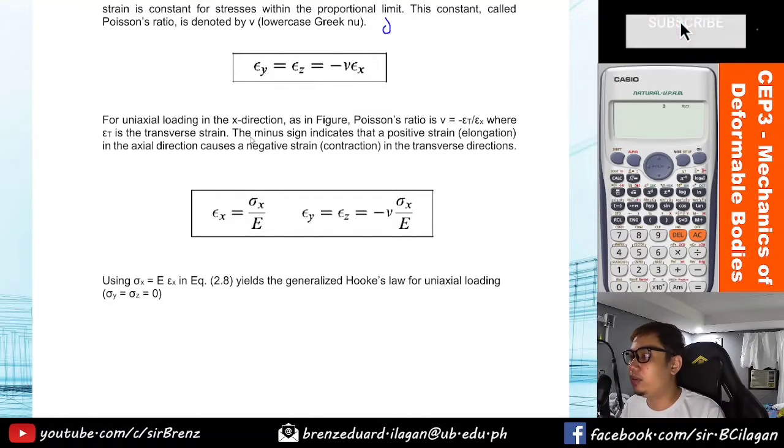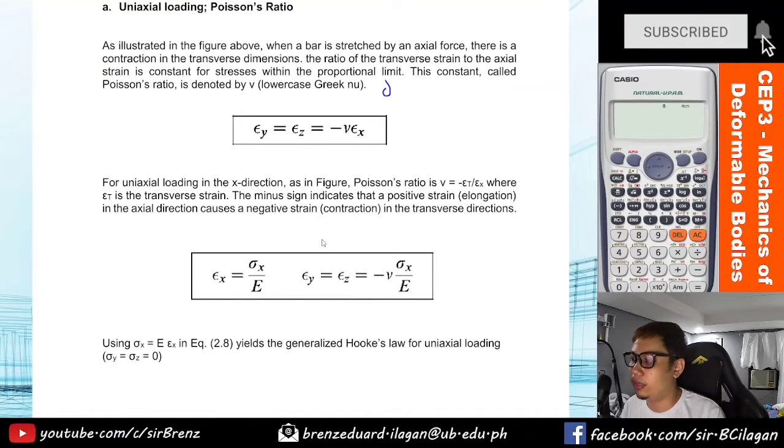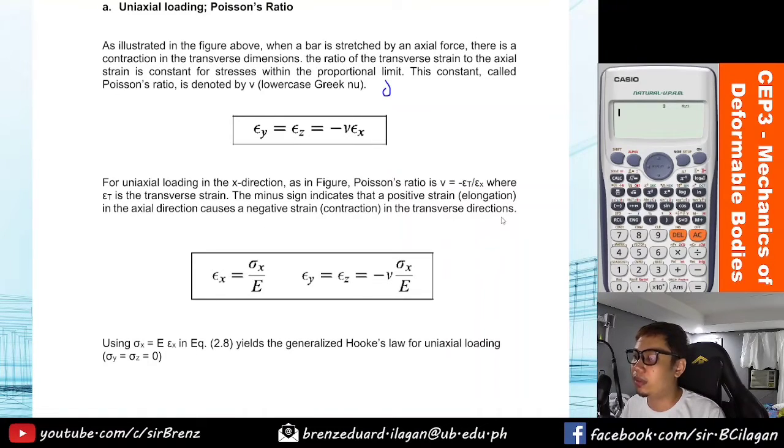So, for uniaxial loading in the x direction, as shown in the figure, this is the equation. Poisson's ratio nu is equal to the negative of the transverse strain, epsilon t over epsilon x, where epsilon t is the transverse strain. The minus sign indicates that a positive strain, or elongation, in the axial direction causes a negative strain, or contraction, in the transverse directions.